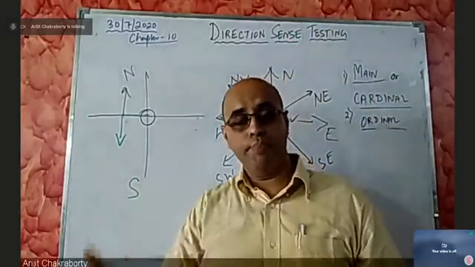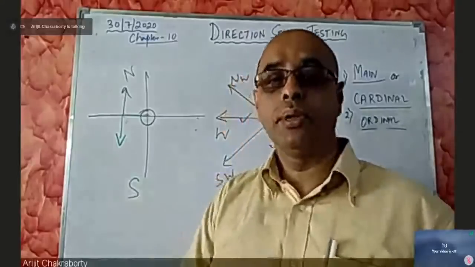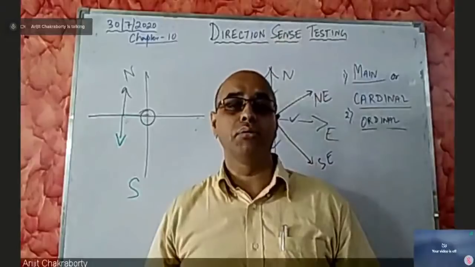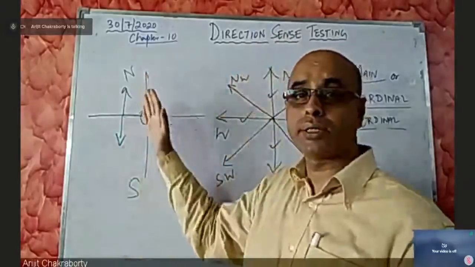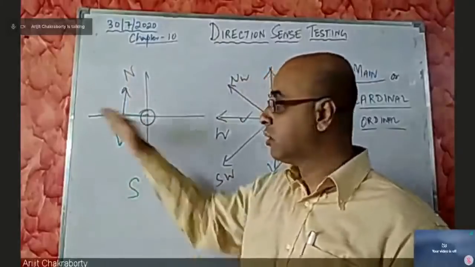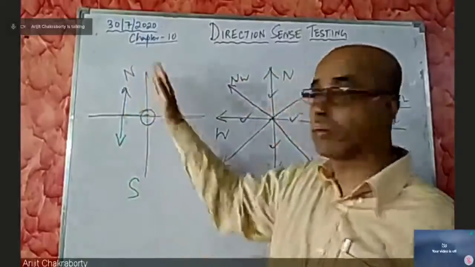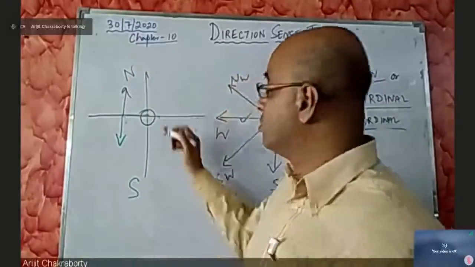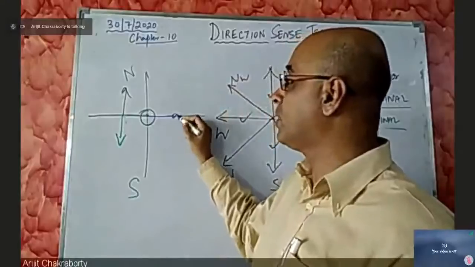When we talk of a map, a two-dimensional map, or even a globe, for example, a 3D imaging, we talk about the upper part as a northerly direction. This is the southerly direction, westerly and easterly. So this is going towards north. If you take right and left, you go right and then from here you take left.